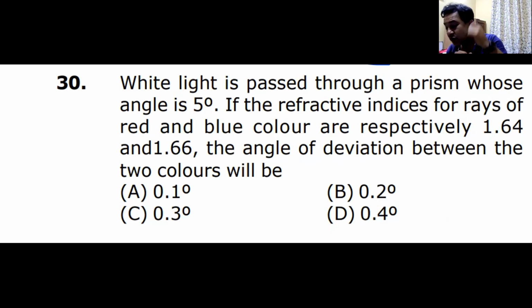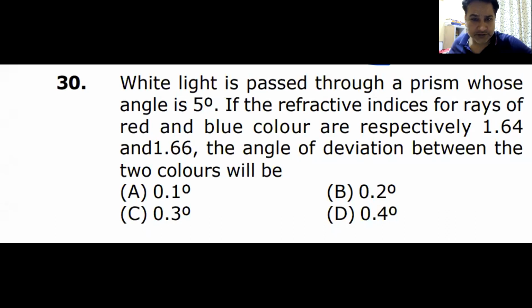What is the angle of deviation between the two colors? So they are asking you how much deviated are the two colors. What is the angle between the two colors? I'll give you a minute to think about it and give me the answer. Your time begins now.